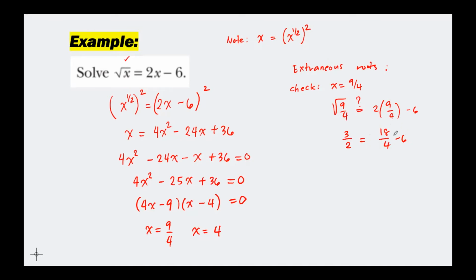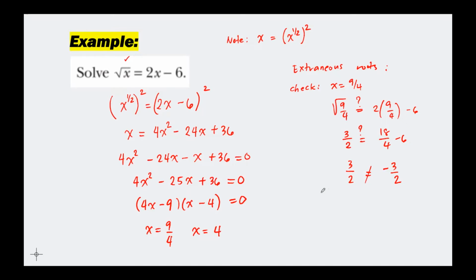So what is 18 over 4 minus 6? That gives us, so 3 over 2 is, this is a question mark, and this is equal to negative 3 over 2. So in this case, these two are not the same. So therefore, x equals 9 over 4 is an extraneous root, right?